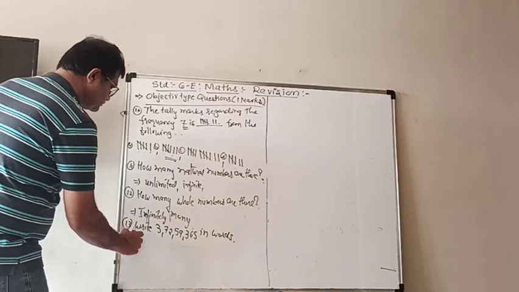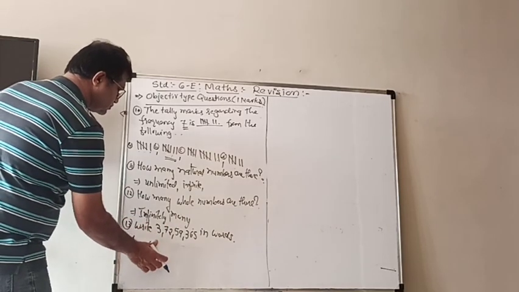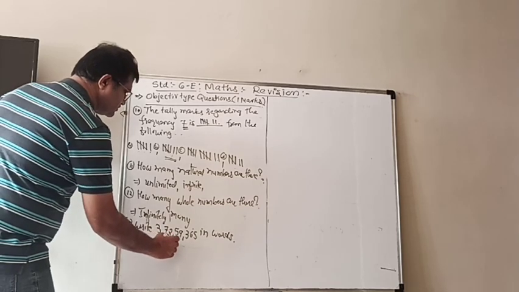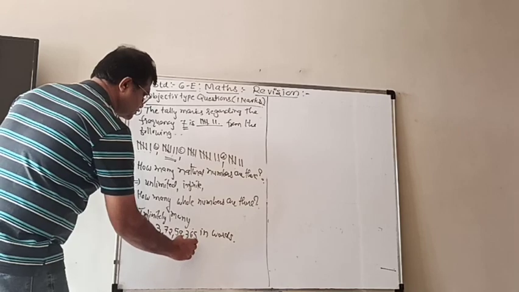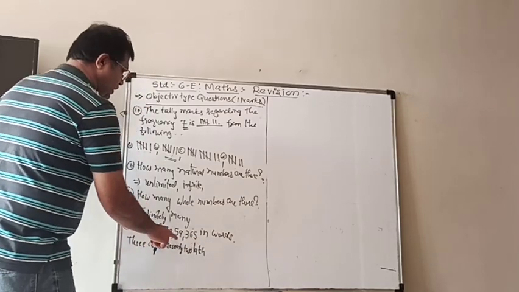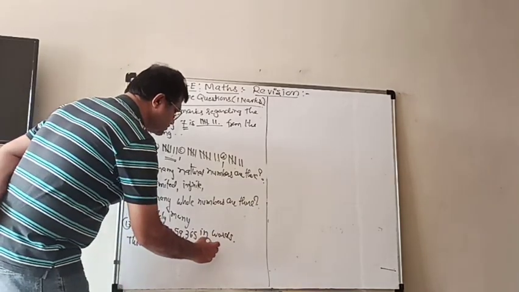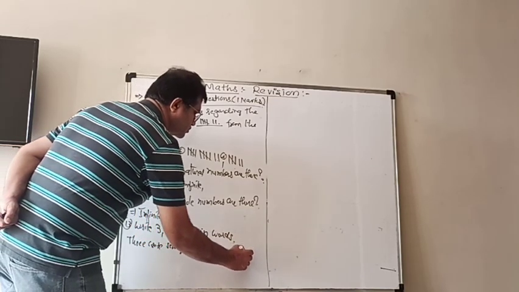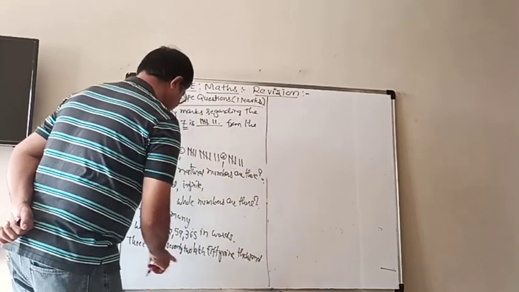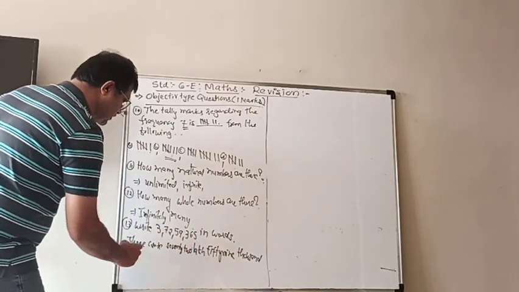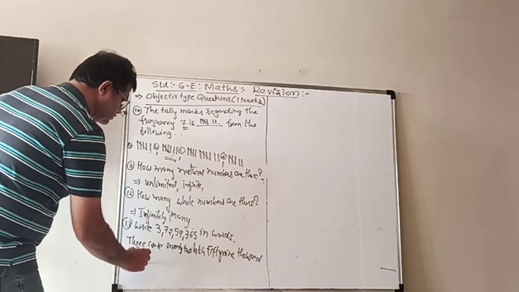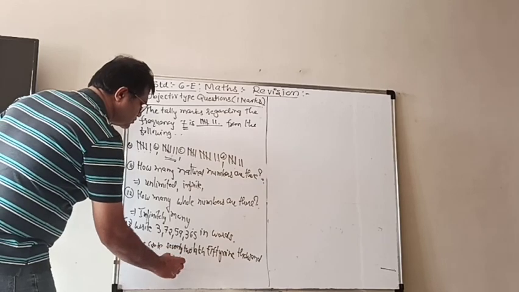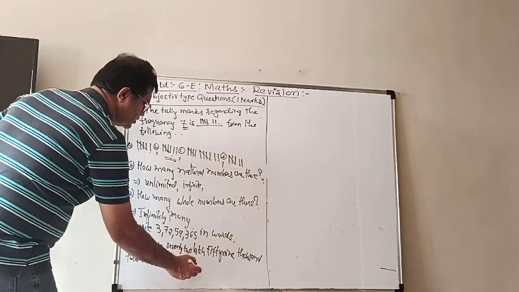So 3 crore. How many lakhs? 72 lakh. How many thousand? 59,000. Then 365. 300. 65.